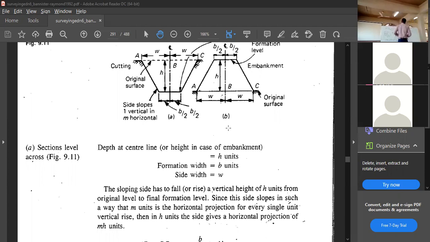Exactly. B is always where we have a side. So here is not a side. This is deep into the soil. So we always look for the side of the road, where you would walk on it if the road is finished.